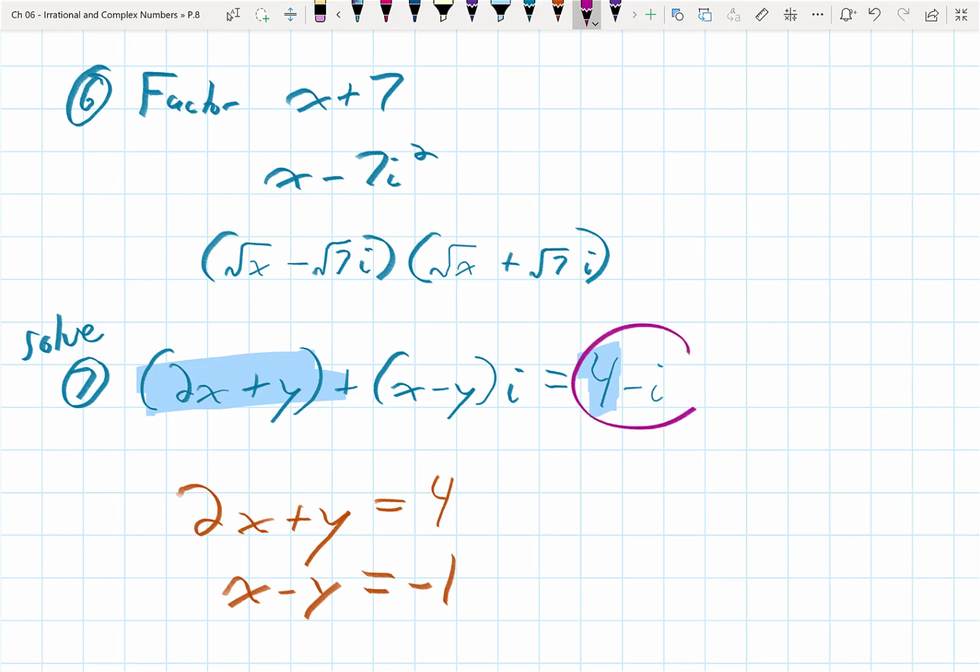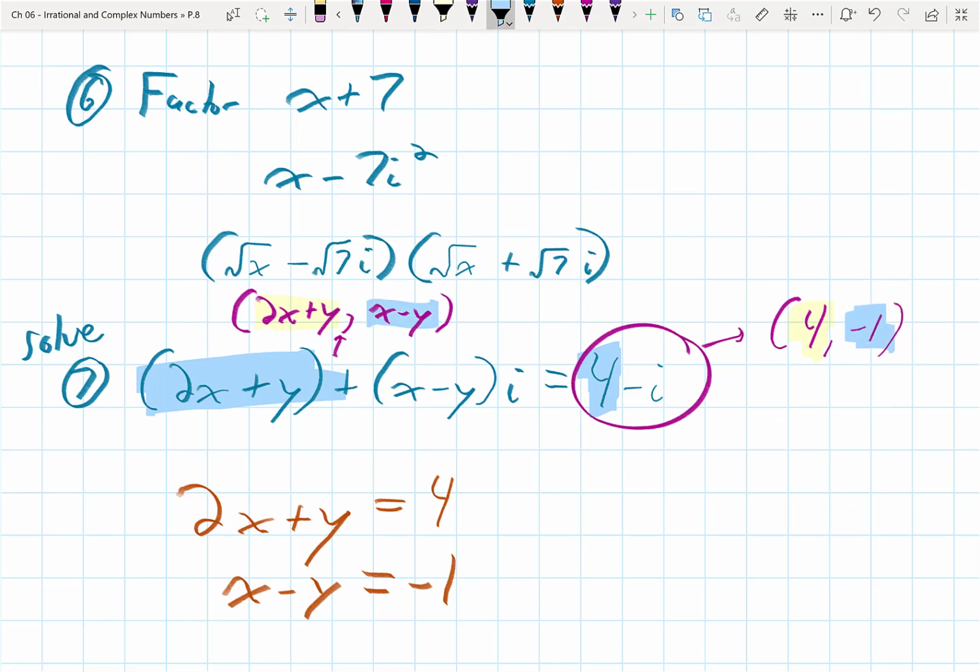Remember, this represents the ordered pair 4, -1, right? And this up here would represent the ordered pair 2x plus y, comma, x minus y. So the left parts should be equal to each other, and these right parts here should also be equal to each other.